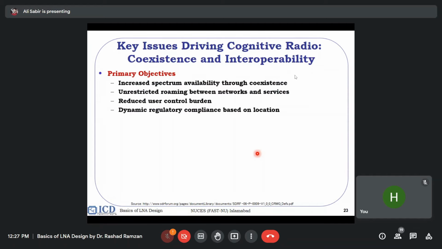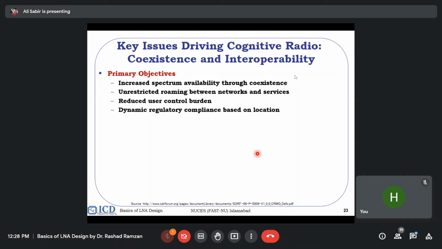So what's the primary objective of the cognitive radio? Increase spectrum availability through coexistence, and understanding of roaming between networks and services. The third one is reduced user control burden and dynamic regulatory compliance. This is a key word: you are compliant with the regulatory authorities, but that compliance is dynamic.